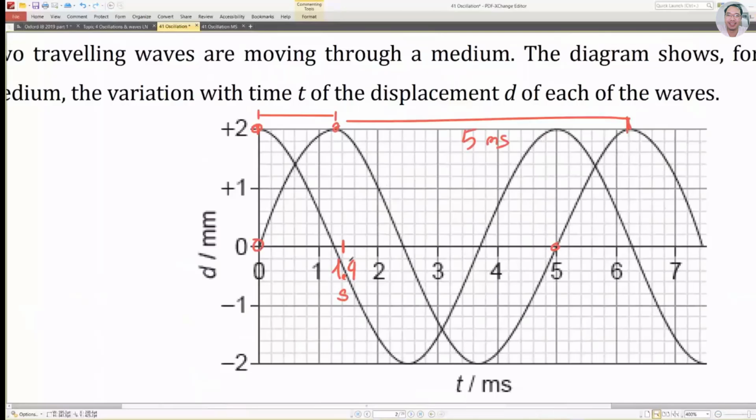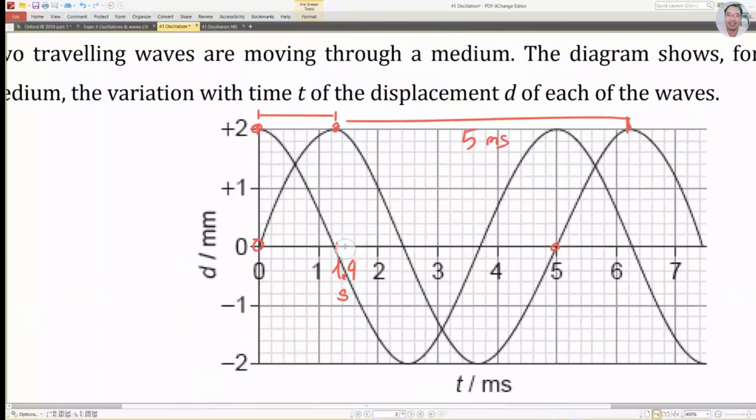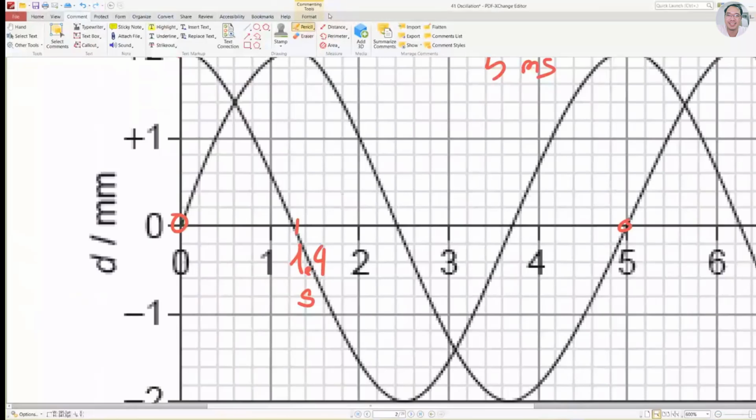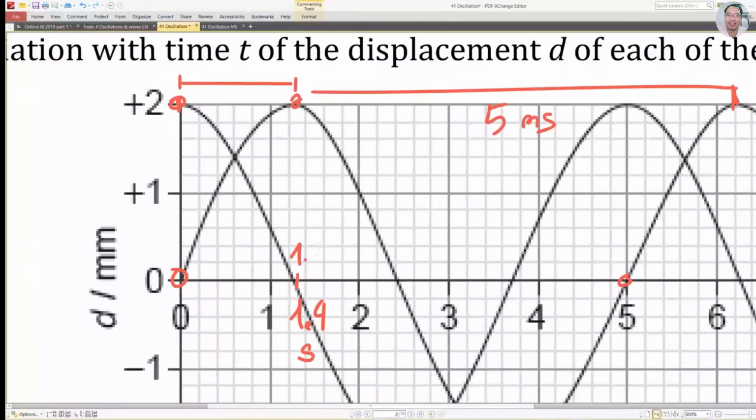Sorry, 1.3, not 1.4. You see, it is a little bit in between here. This line here is 1.2, and the next line here is 1.4. So this is 1.3 actually.